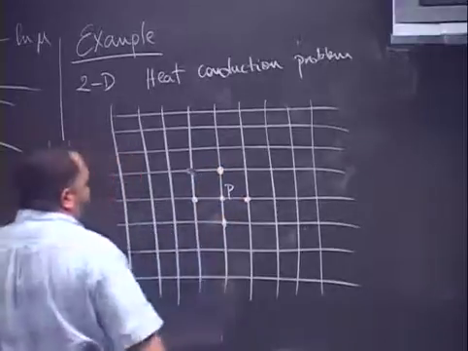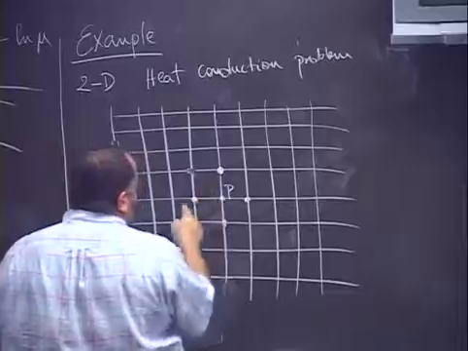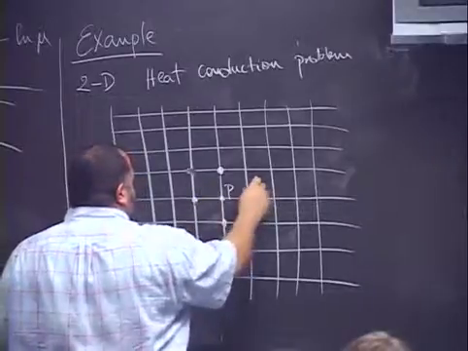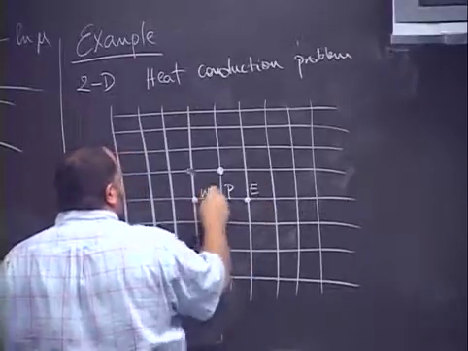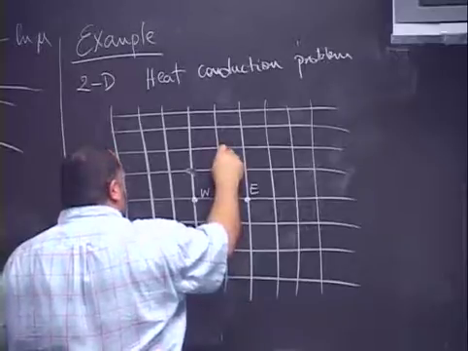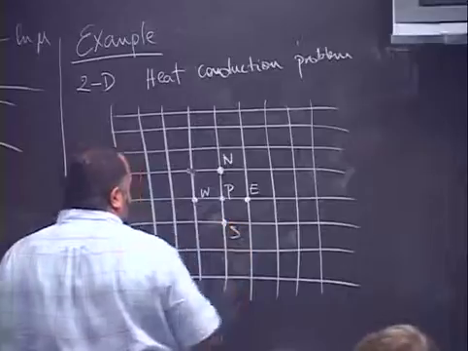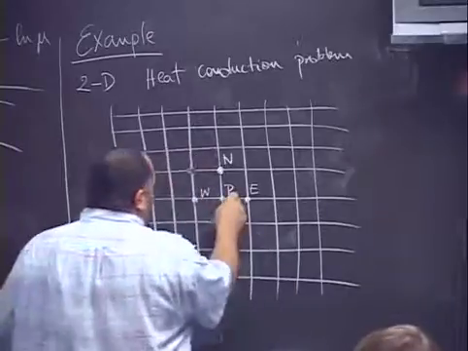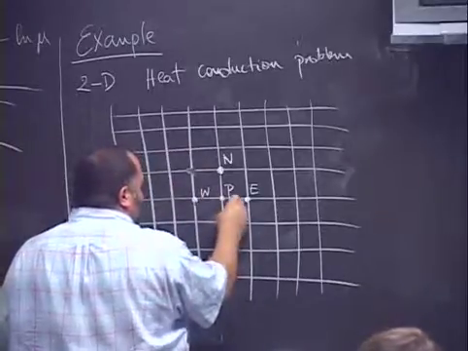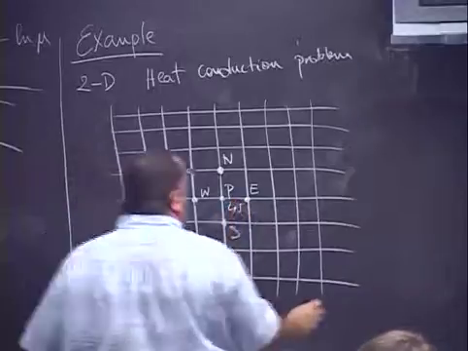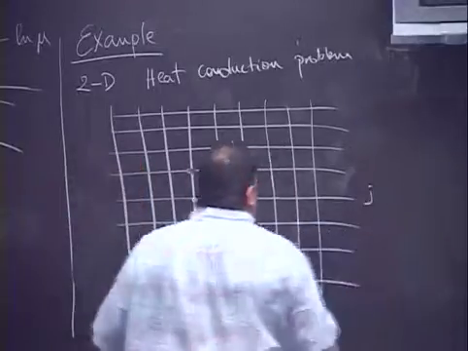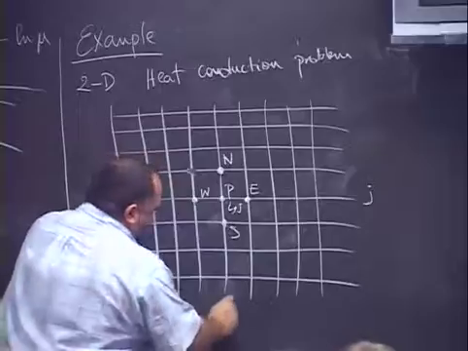I will call this east, this west, this one north, and this node south. Node P is at I and J. So this is J here, and this is I here.